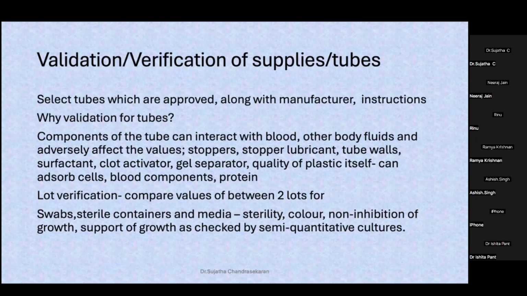They won't be lost totally, the values will be wrong. What is the clot activator used? What is the nature of the gel separator? All of them interfere. The quality of the plastic, as I said, all can interfere with the sample and alter the values. So these are very, very important and they have to be validated by the laboratory.